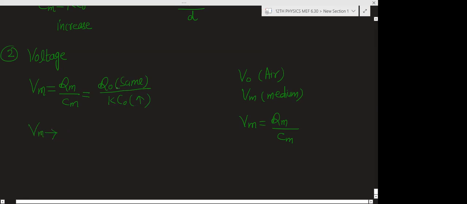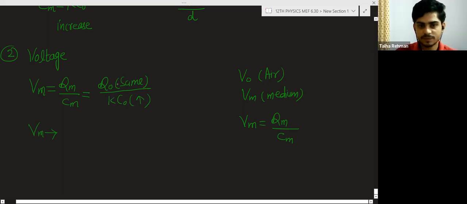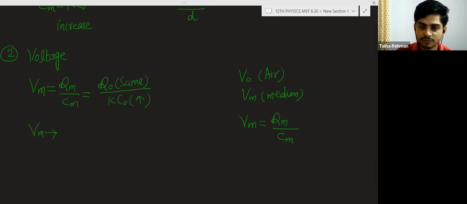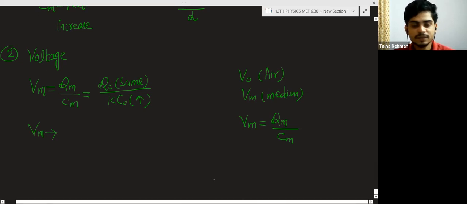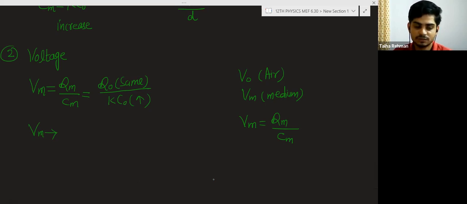If the charge is the same and the capacitance is increasing, will Vm increase or decrease?